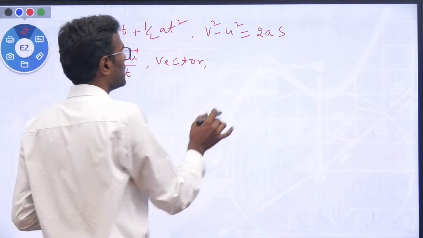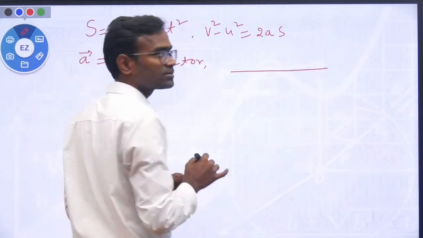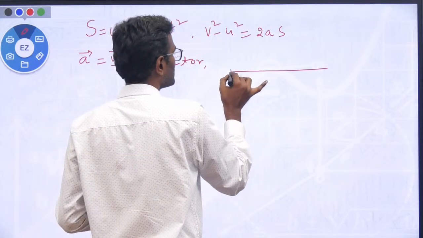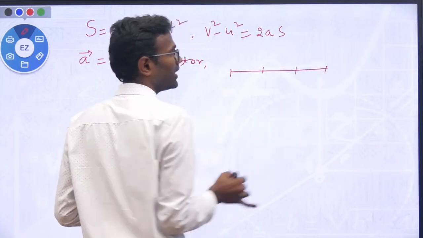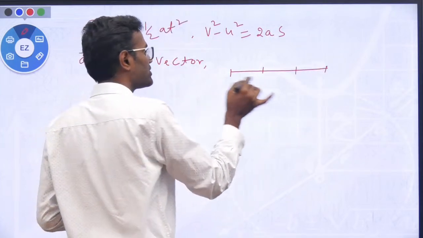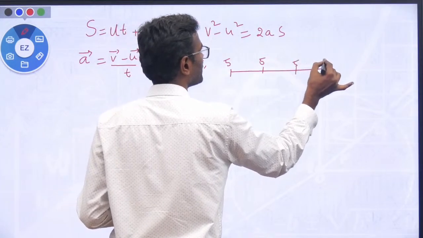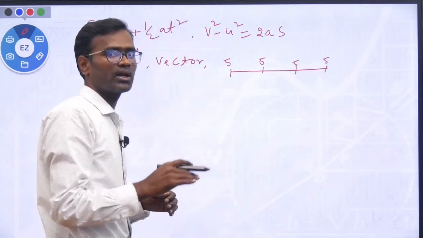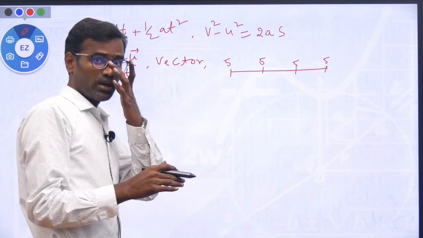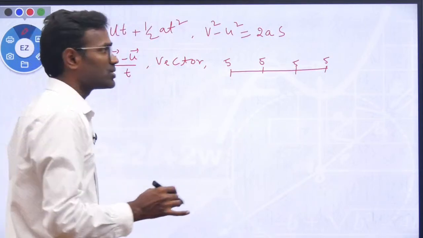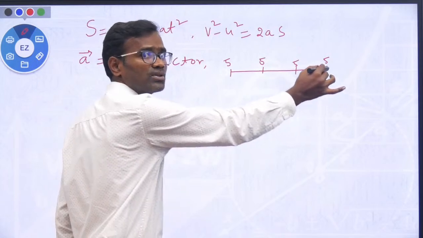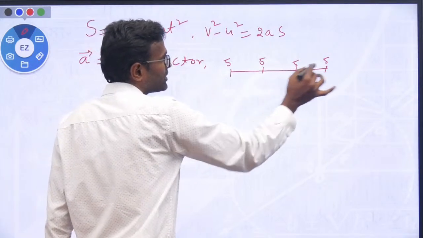Suppose the particle is moving along a straight line with a constant speed, at every point 5 meter per second, in a fixed direction. Moving in a straight line means it is in a fixed direction.